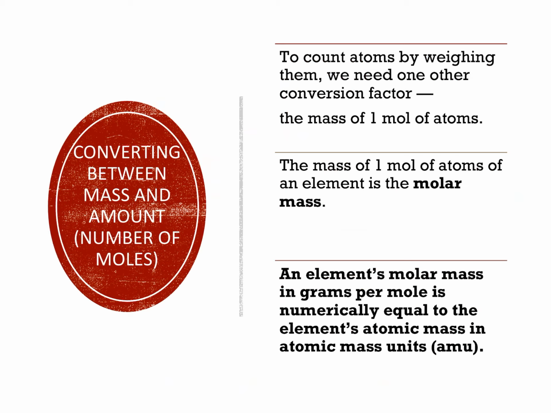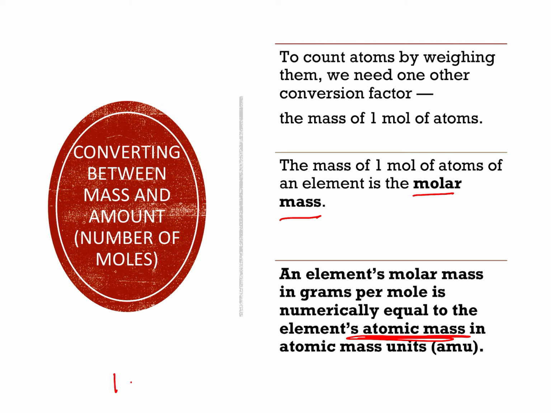Okay, so to count atoms by weighing them out, we need an additional conversion factor, which is the mass of 1 mole of the atoms. The mass of 1 mole of atoms is the element's molar mass, right? Because it's the mass of 1 mole, so we call it the molar mass. The element's molar mass in grams per mole is numerically equal to the element's atomic mass on the periodic table.